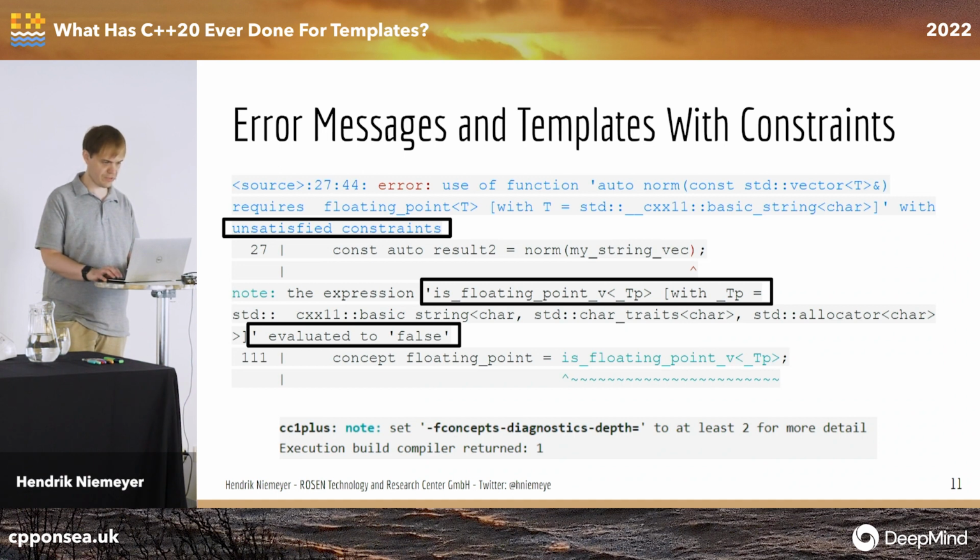It's not buried in pages of noise. Well, it's a simple template here, so it would not be buried in noise anyway. But again, I find it quite a conceptually good error message. And if you have more complicated things, there are also compiler diagnostics to increase the level of reporting you get from the concepts.